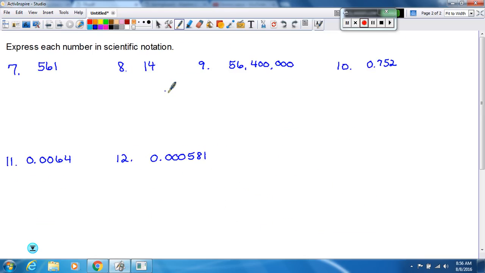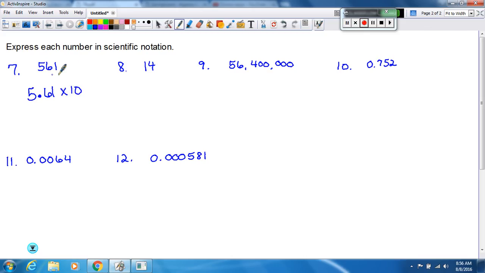The next section is going the other way around. Express each number in scientific notation. So here you want to put a decimal after the first number that's not a 0. So right here, 5.61 times 10.